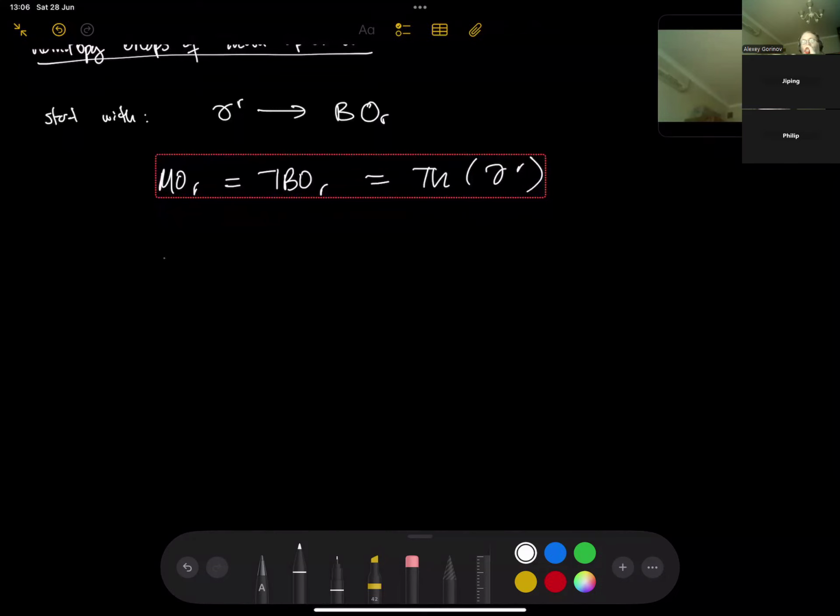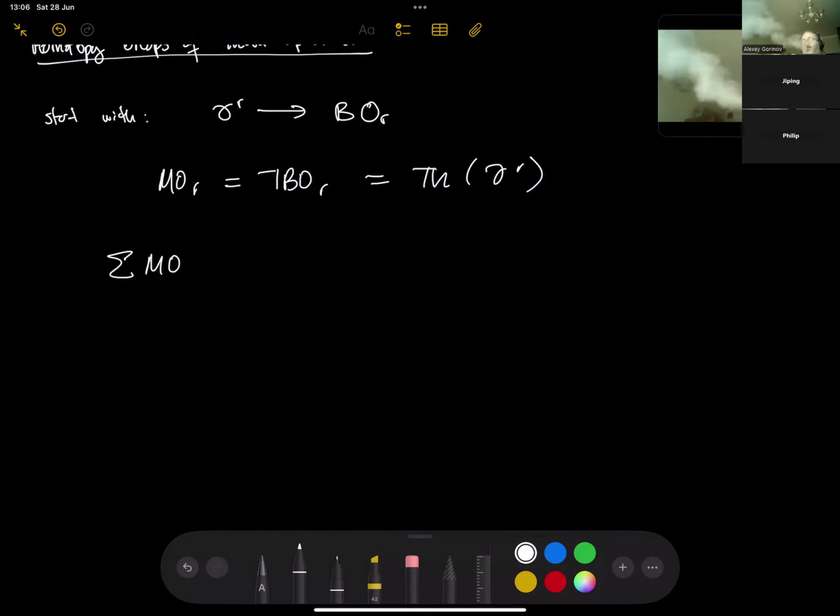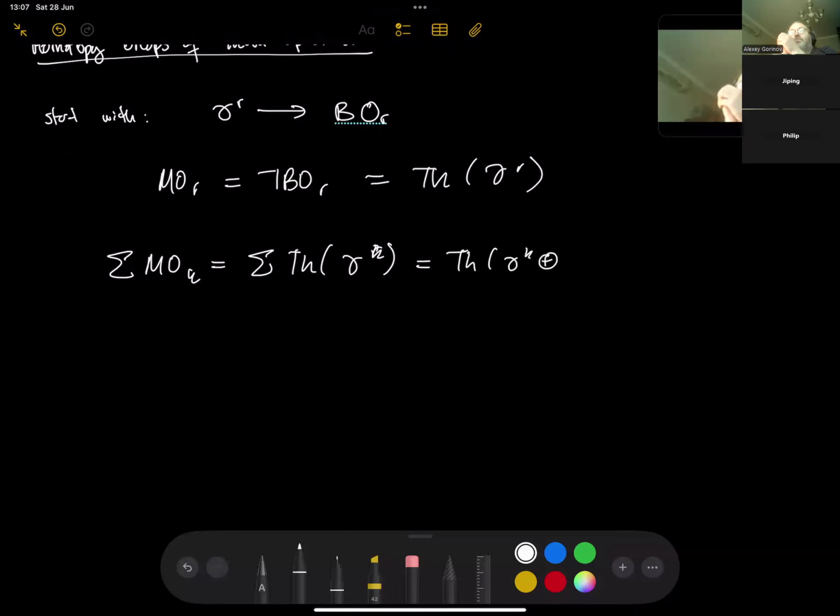In general, sigma MO(k) is the suspension of the Thom space of gamma k, and suspension of Thom spaces is the same as the addition of a trivial line bundle.